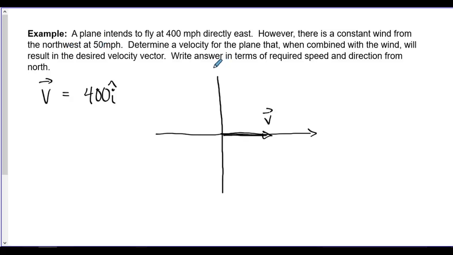So let's take north up here and west out there. So the wind, since it's from the northwest and it doesn't really say anything more, we'll have to just assume equally north and west. And that means really at a 45-degree angle out of this corner. So here's the west, here's the north, here's east, south. So this is the wind.